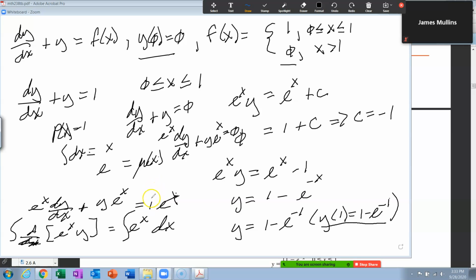And that's one that is, frankly, a separable equation, and let's go with it.